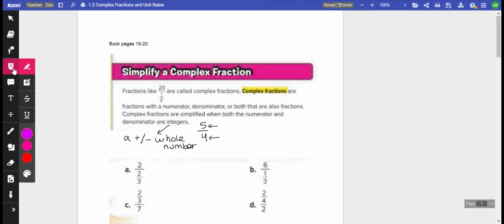I'm going to highlight that. An integer is a positive or negative whole number.